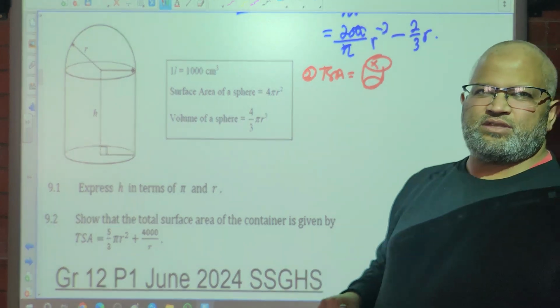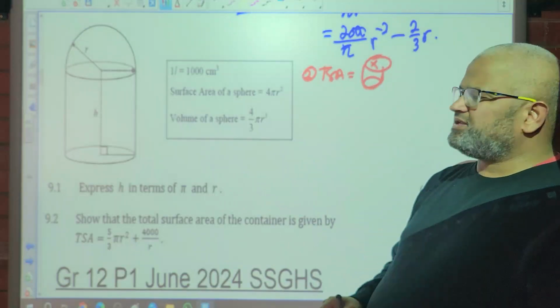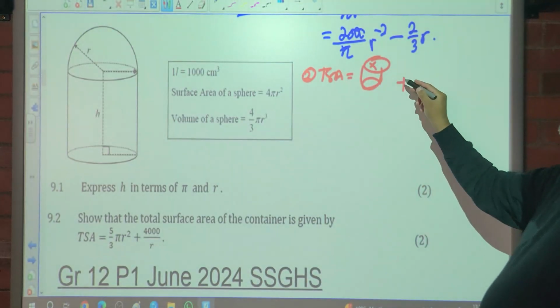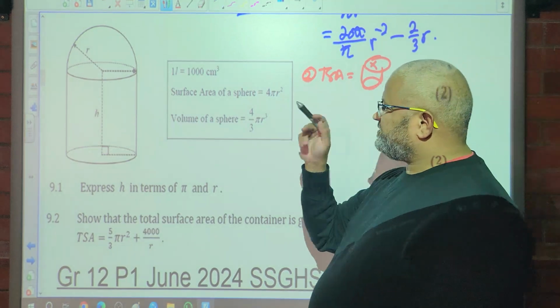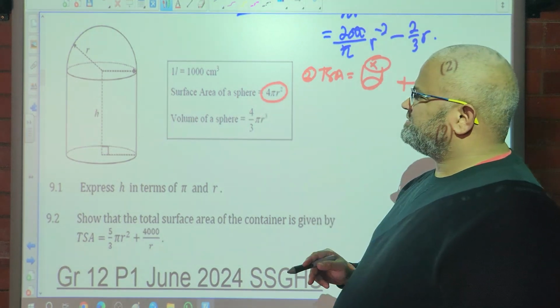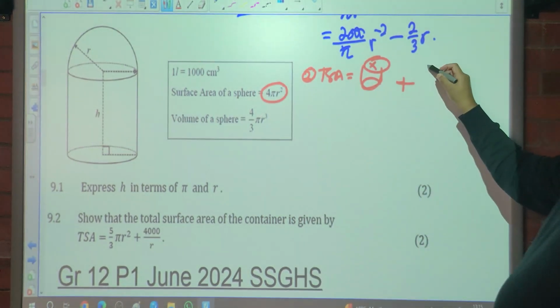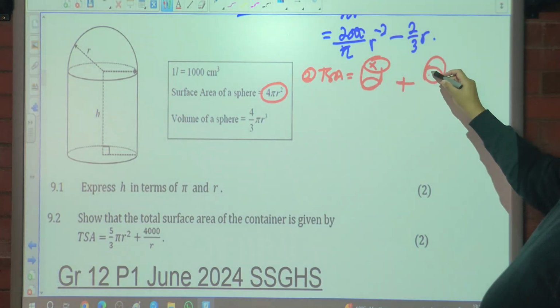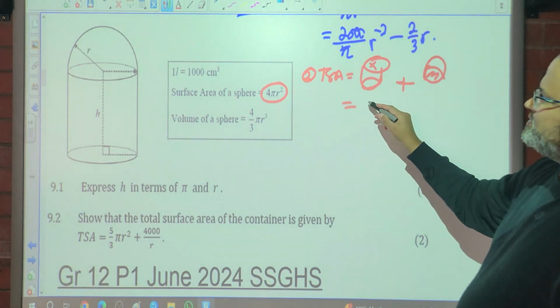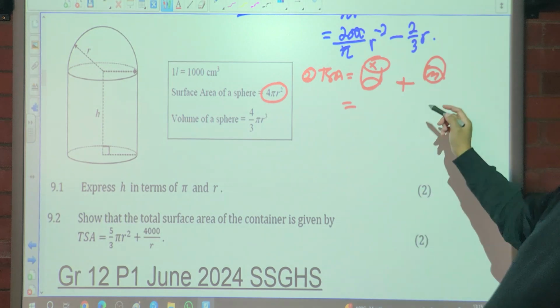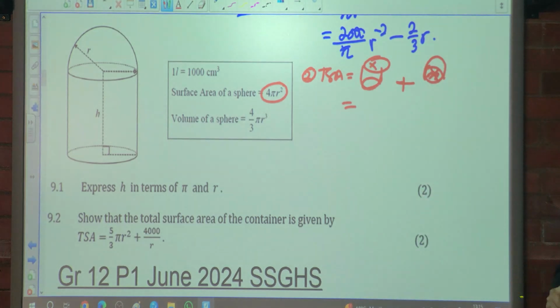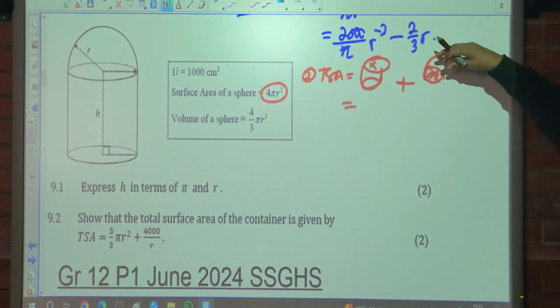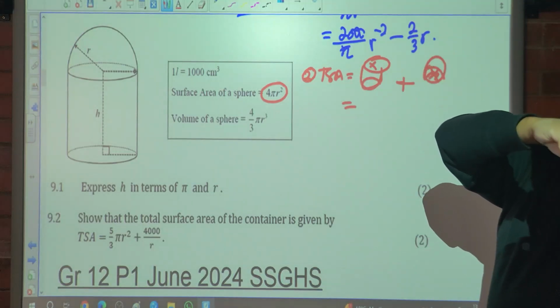You remember the surface area is only what's on the outside, plus the hemisphere, half of it. There's now excluding that base at the bottom as well, because that base fits exactly onto that.